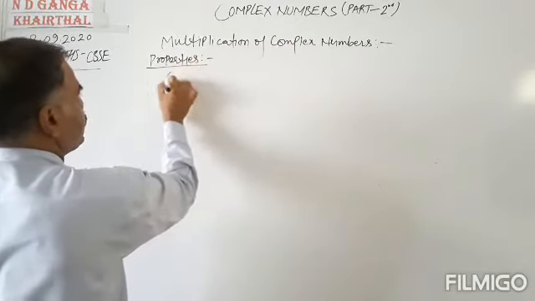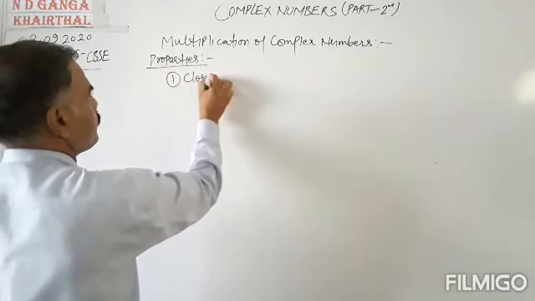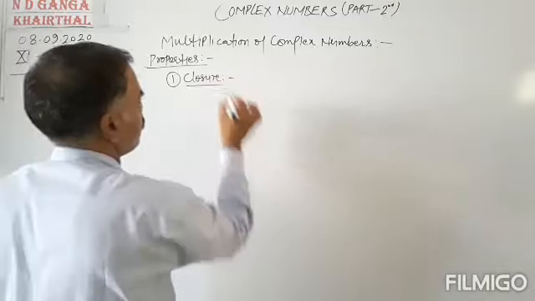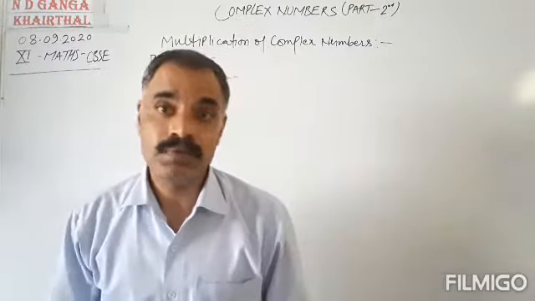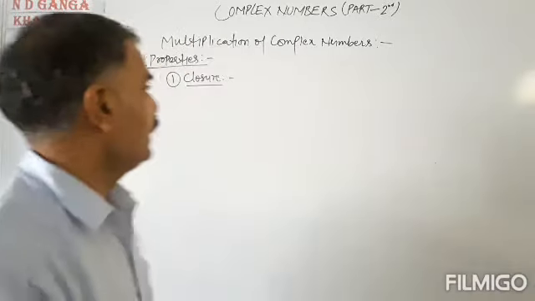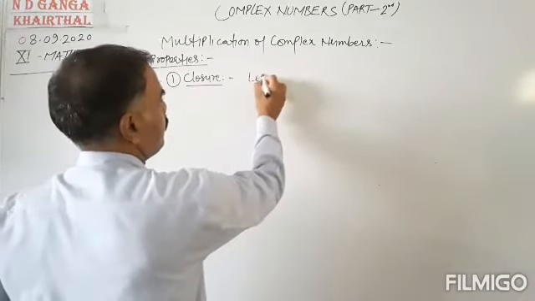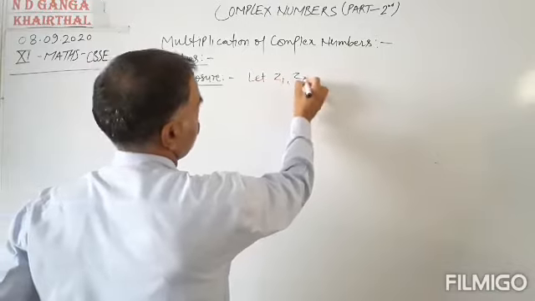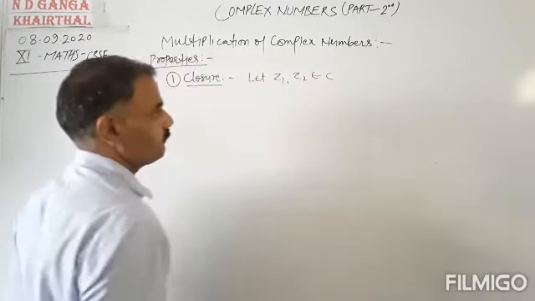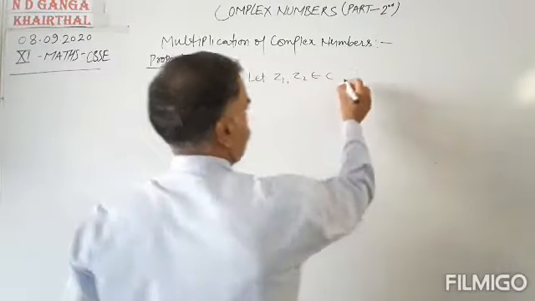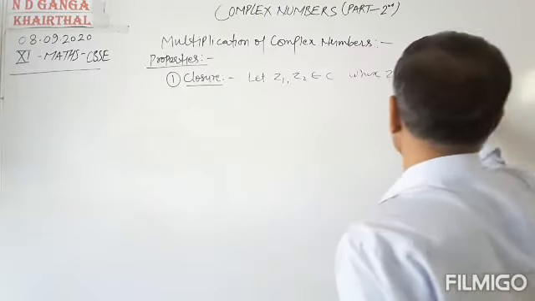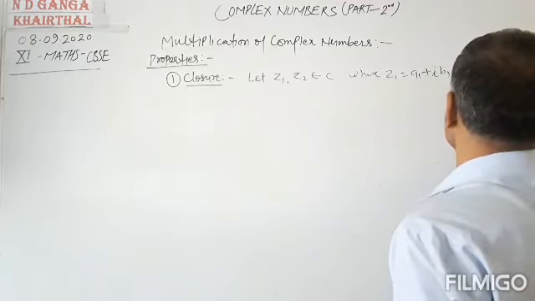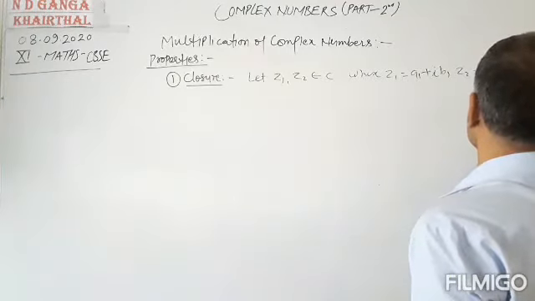Okay, the first property is the closure property. What is the closure property of multiplication of two complex numbers? Let Z1 and Z2 belong to the set of complex numbers, where Z1 is equal to A1 plus iota B1 and Z2 is equal to A2 plus iota B2.